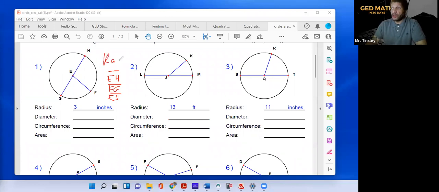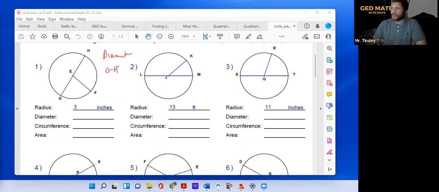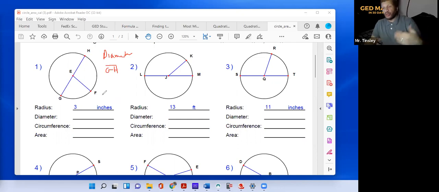Yes. Okay, good. How about for the diameter? G and H. It could go either way, G and H or H and G. Does not matter. So that's the diameter. What you should notice is that the diameter is always larger than the radius, but it's a ratio.